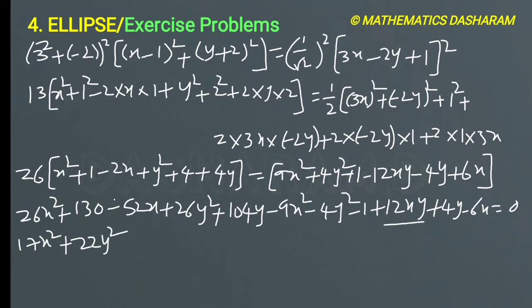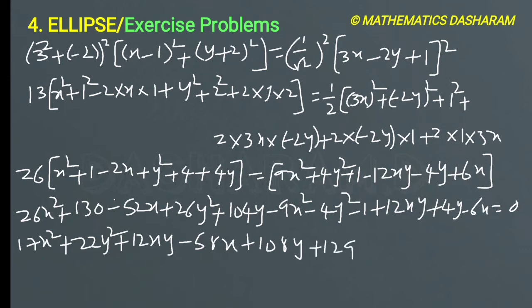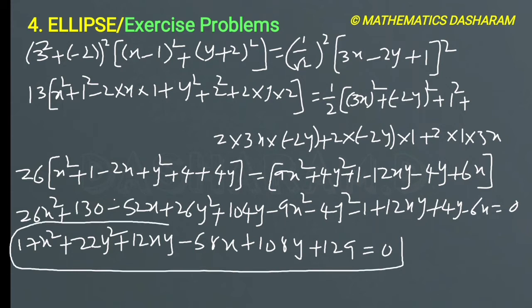Next here plus 12xy. After that, minus 52x minus 6x is minus 58x. Next 104y plus 4y is 108y. 130 minus 1 is 129, equals 0. So this is our required equation of the ellipse.